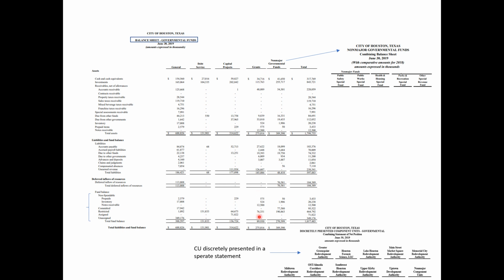If you check the numbers, for sure for the debt service, capital projects, and grants, one of the accounts is equal to or greater than 10%, and then satisfies the 5% criteria. I'm sure all four satisfy those two criteria.